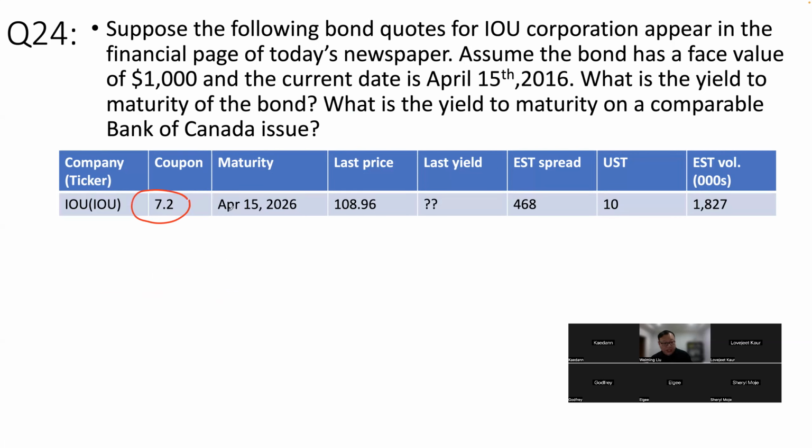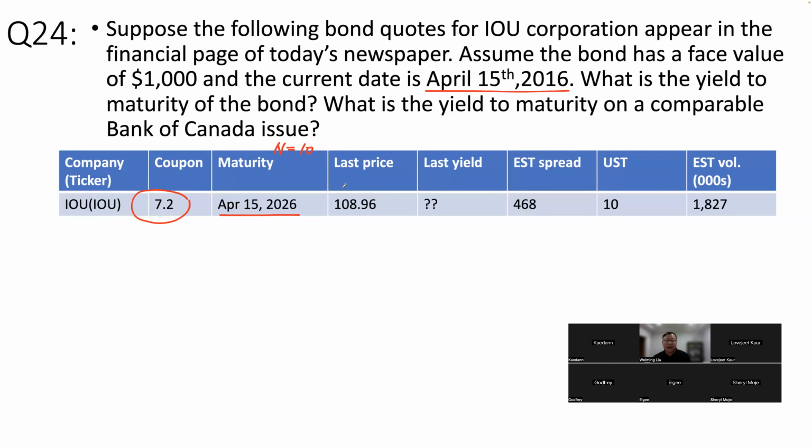We know the maturity date, April 15th, 2026. Now we suppose the current date is April 15th, 2016. So from now to the maturity, we can easily figure out that's 10 years, N equals 10.